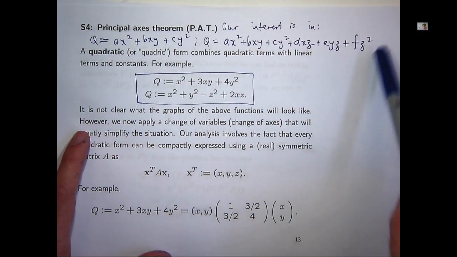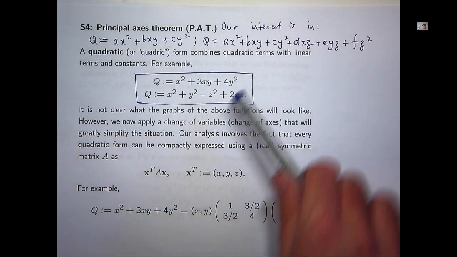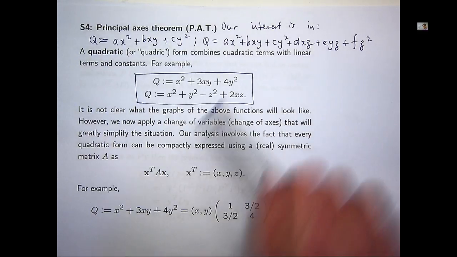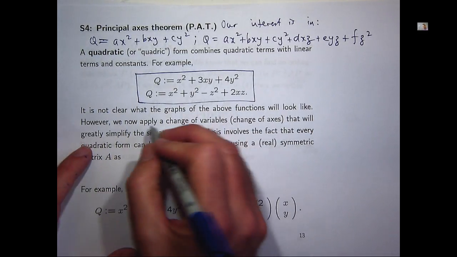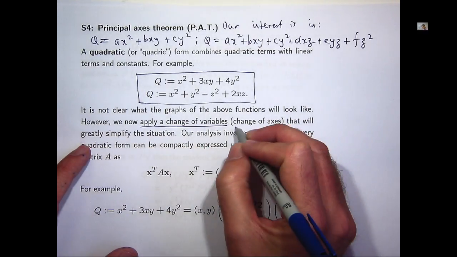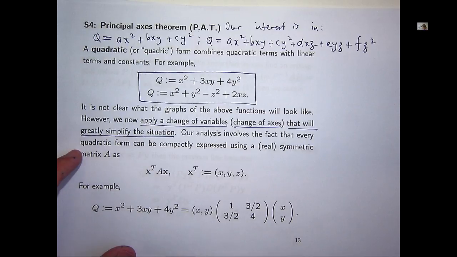Now this is extremely complicated, as you can see. The A, B, C, D, E, and F are constants. All right, so it's not clear, for example, what the graphs of these functions will look like. What we're going to do is apply a change of variables, or a change of axes, that will greatly simplify the analysis.